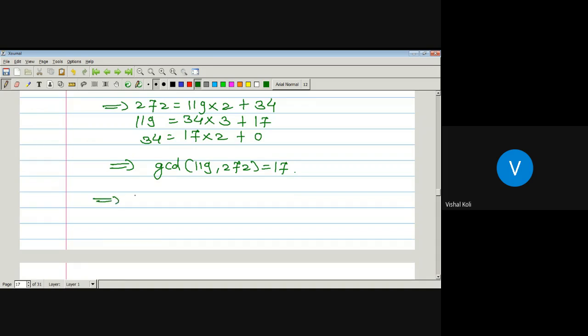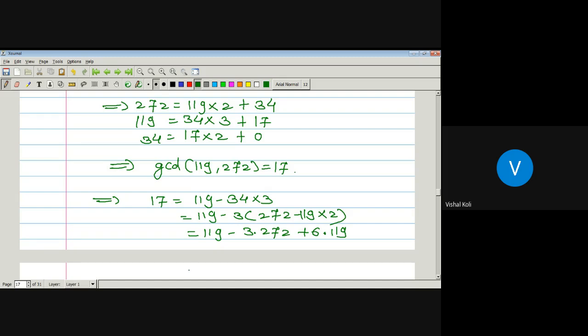Now we have to express this GCD 17 as a linear combination of 119 and 272, which implies 17 can be written as 119 minus 34 into 3, which is 119 minus 3 times, what should be the value of 34? 272 minus 119 into 2. That is equal to 119 minus 3 times 272 plus 6 times 119.